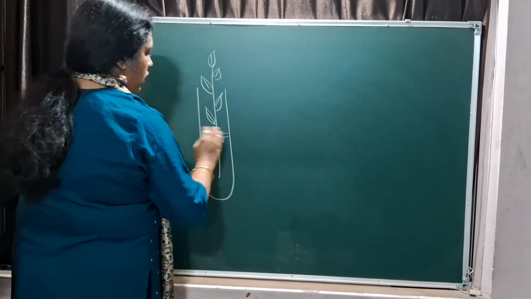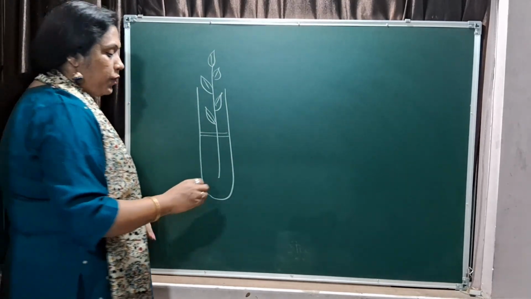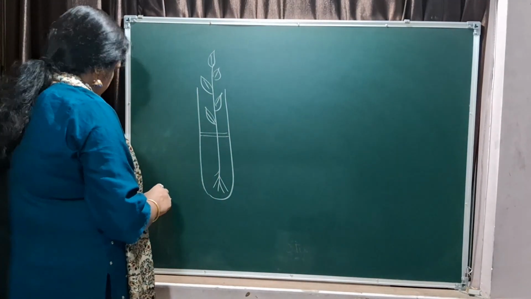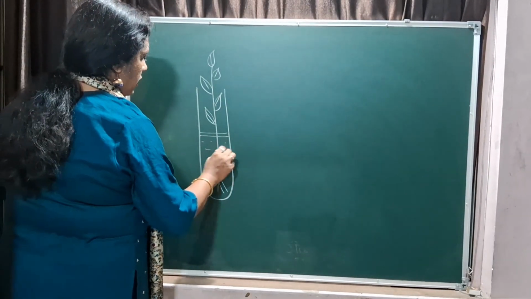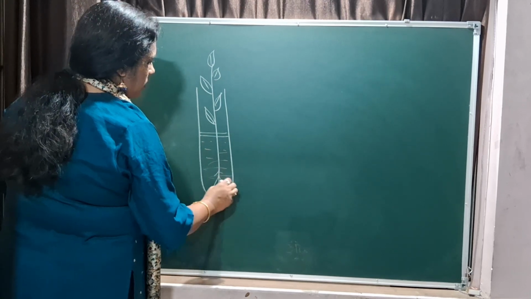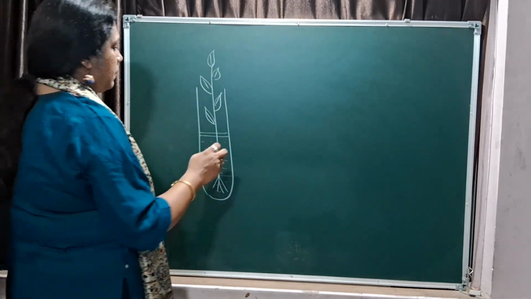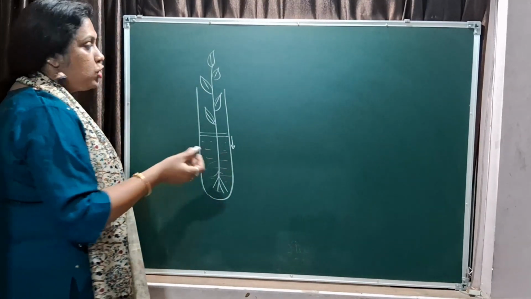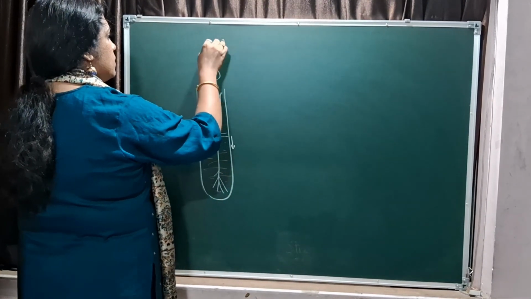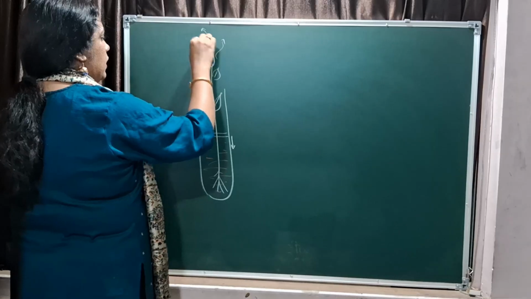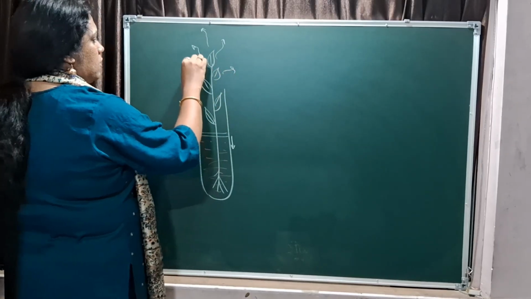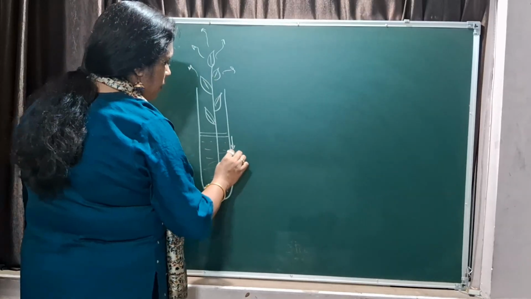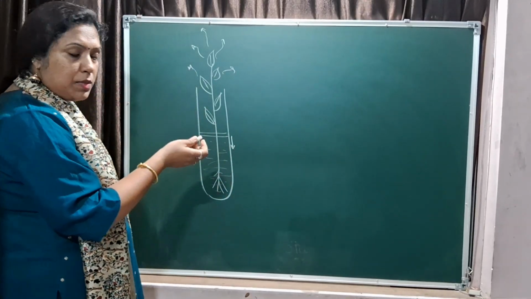When you leave it for some time, what will you observe? This is the root and there is colored water. After some time you will realize that the water level has dropped. So where has the water gone? The water has been lost from the aerial parts of the leaf, a process we will be studying. Since the level of water has gone, the root must have absorbed the water.